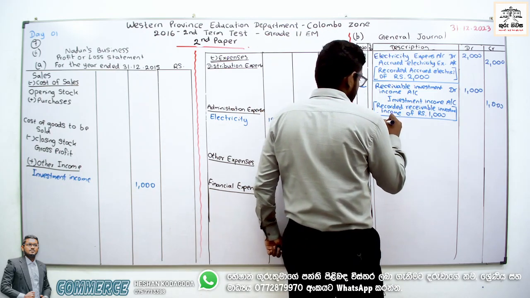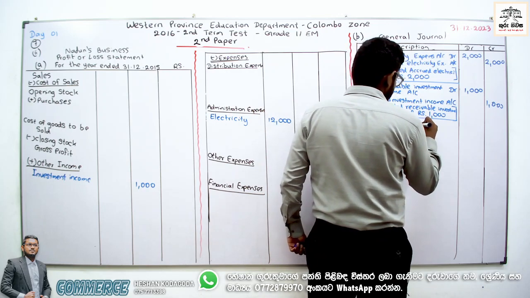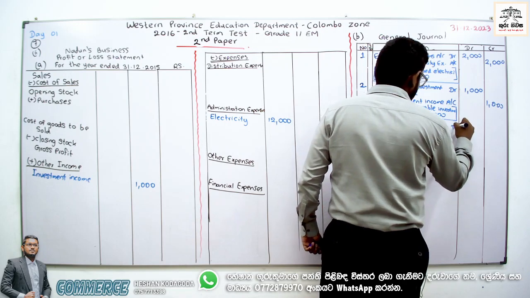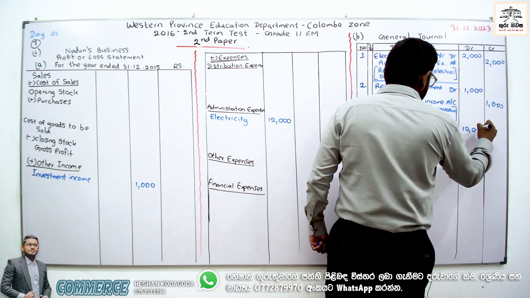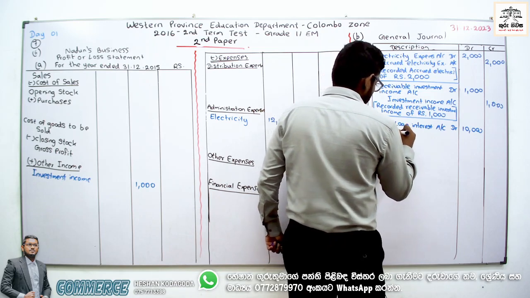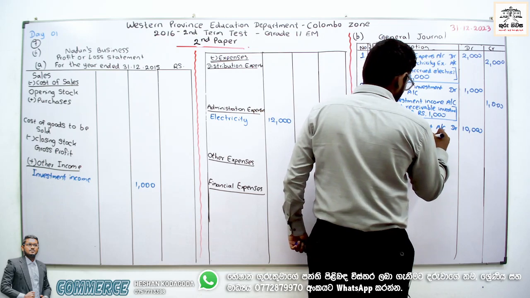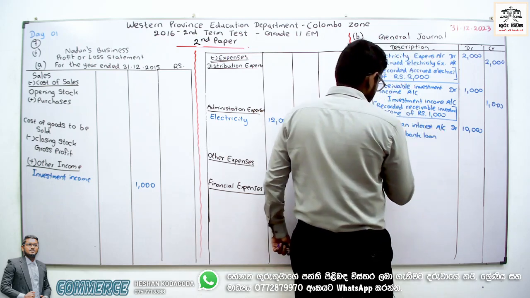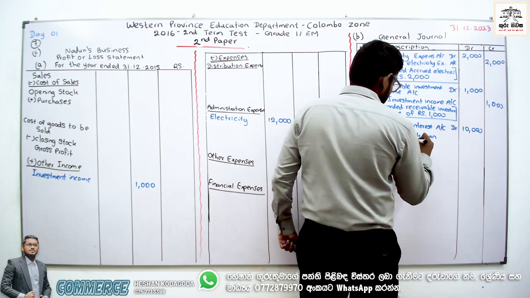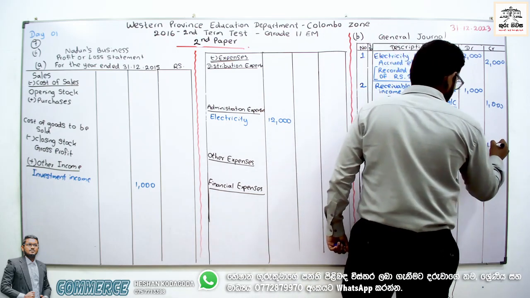Bank loan interest account debit 10,000. Accrued bank loan interest account credit rupees 10,000.